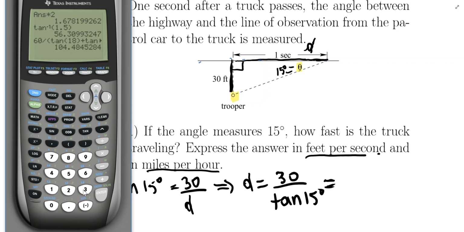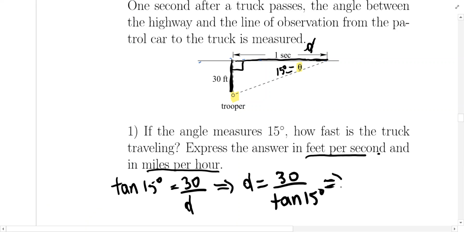So I'm gonna have 30 divided by tangent of 15 degrees. Let's round it to 112. So d equals 112 feet, okay? Because this is measured in feet, 30 feet.